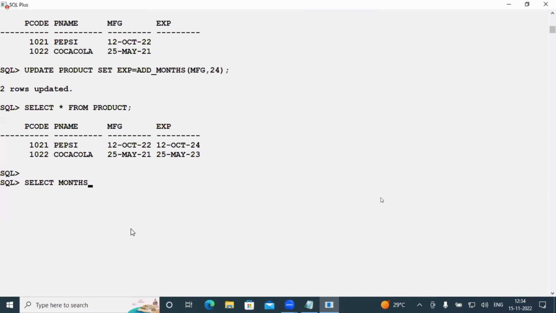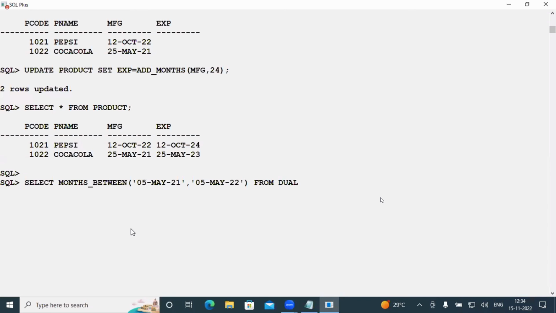Select MONTHS_BETWEEN of date 1 I'm giving, for example, 05-May-2021. The second one is what now? Suppose I'm giving 05-May-22.